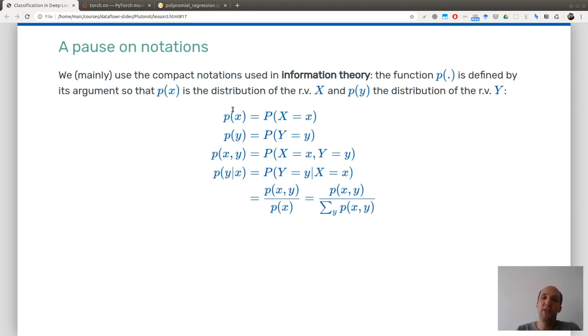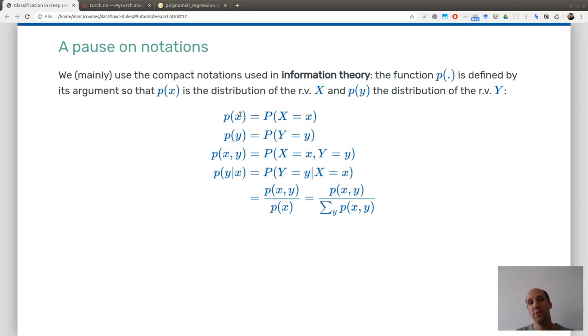So I will use the same p each time I'm looking at a probability distribution, and the argument x will tell me which random variable I'm considering. So p(x) corresponds to what you would write in a probability course as the probability that the random variable big X is equal to x. p(y) is not the same function as p(x) here. This is the distribution of the random variable big Y.